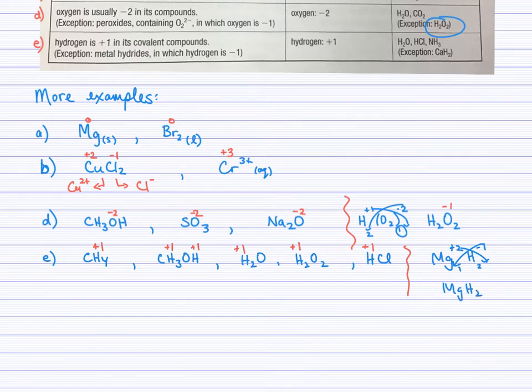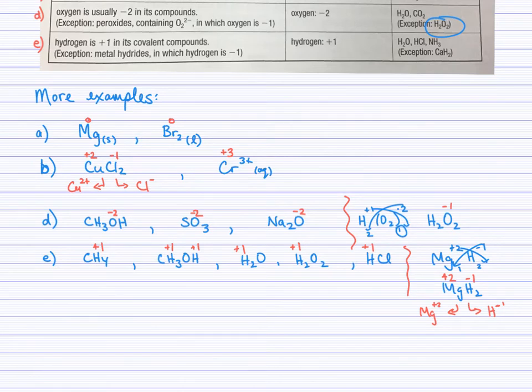In this case, the oxidation number of the hydrogen is -1. So this kind of reverts back to our rule about monatomic ions. If you recognize that the hydride ion has a -1 charge, you'll recognize that -1 oxidation number. Similarly, for the magnesium, we would have assigned +2. Okay, so those are all the rules to know.